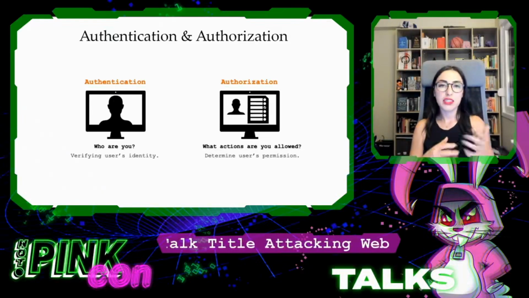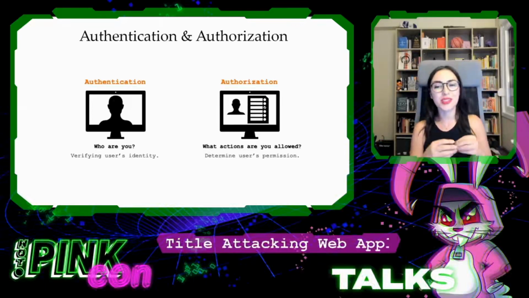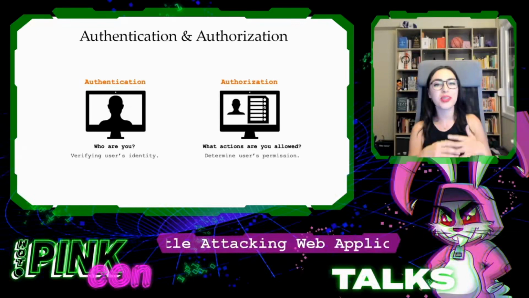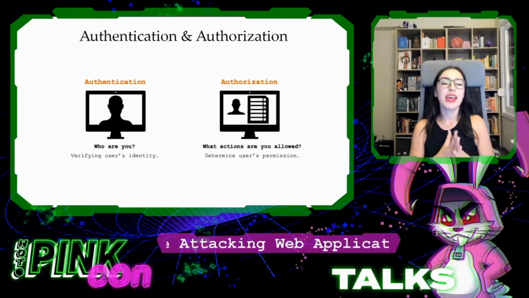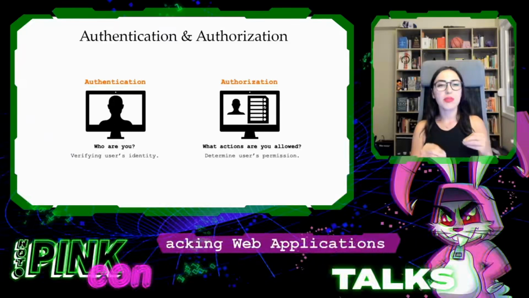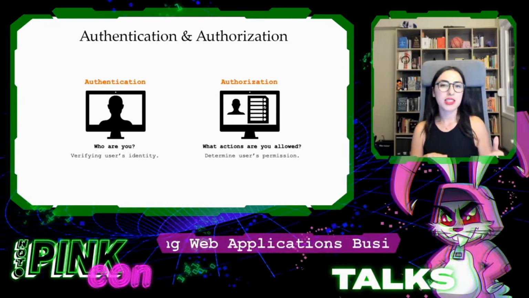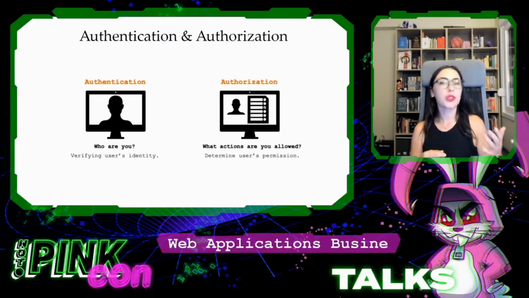So let's talk about authentication and authorization, which are two different terms, but always confused. Authentication is a validation of the user's identity. In authentication, we're asking the user, who are you?